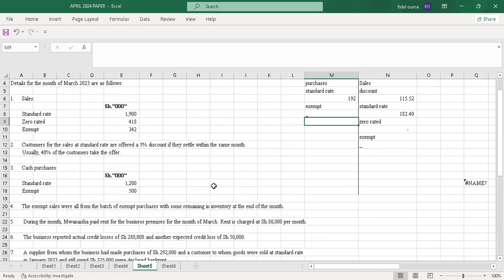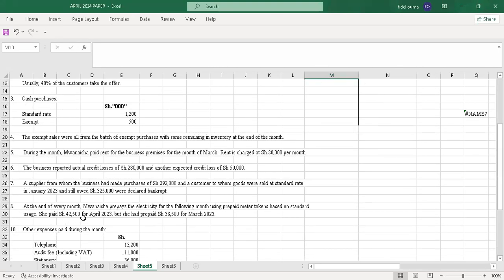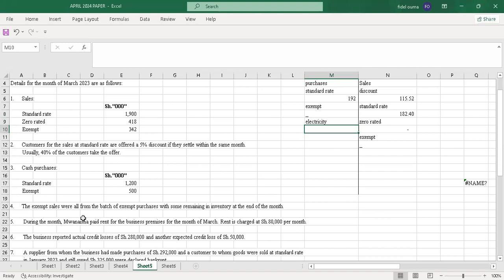Yeah, so just say electricity. So for the month of March, we'll use the prepayment for April. So it will be 42,500. And I think it's 42.5 because I'm using these other values in thousands.